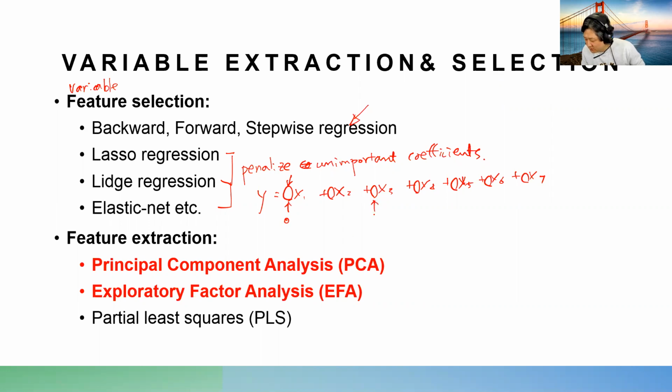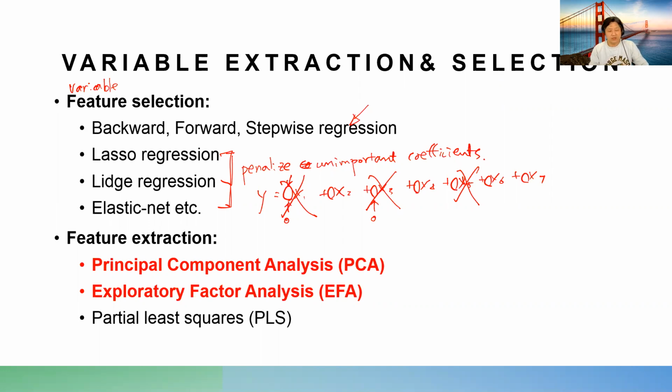If you make a coefficient very close to 0 or 0, that means we will remove these variables, right? Those approaches are lasso regression, ridge regression, and elastic net regression. These methods are very commonly used in machine learning or big data analysis, but they are beyond the scope of this course. So I will just conceptually introduce them, okay?